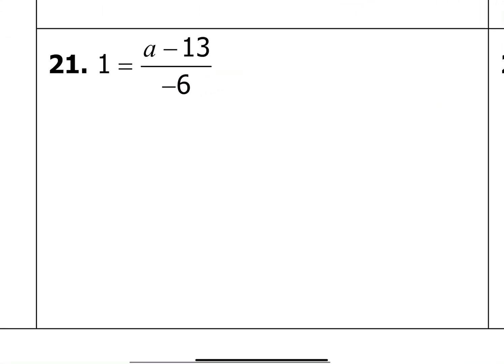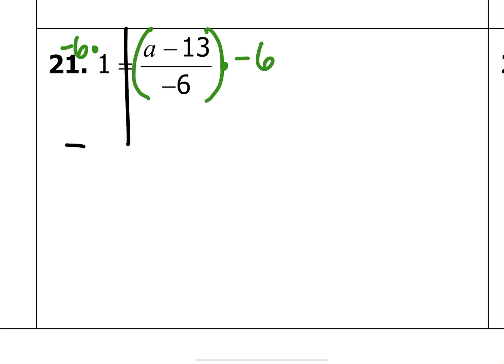Two more. 21. Same thing that we've been doing. If you have an expression with a number in the denominator, multiply both sides by that denominator. So we get negative 6 equals, those are going to cancel, a minus 13.